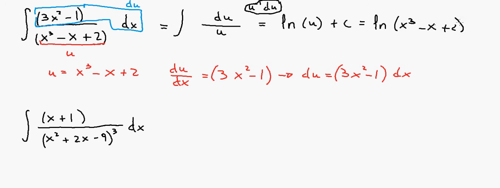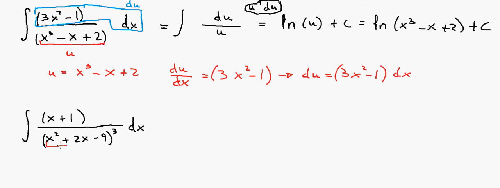Then we come up here and we can identify that all of this and the dx, all of that is du. So we can go back to our integral. So we say this integral is equal to the integral of all of that is du divided by u, which is all of this here.